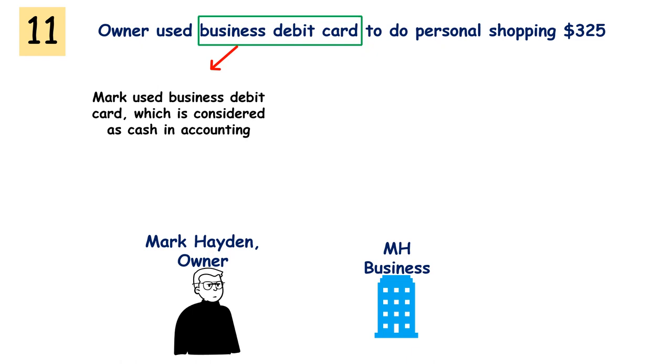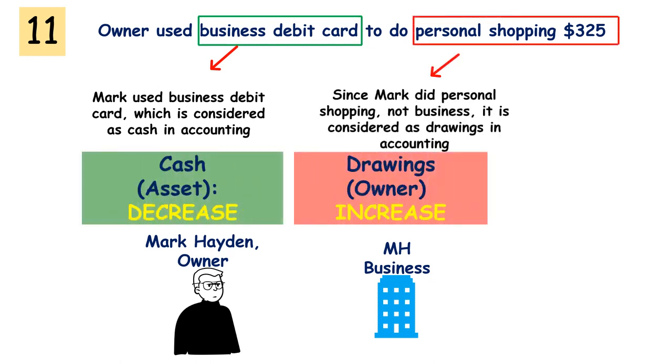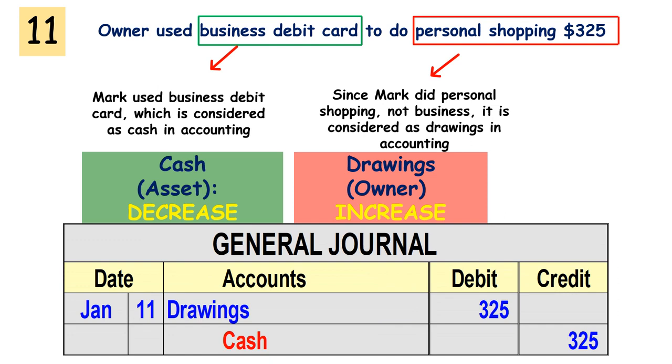And that means cash will also decrease if you use a debit card. So the accounts involved would be cash and drawings. So drawings increased because the owner took money for personal use. We will debit that, and cash decreased, so we will credit that.